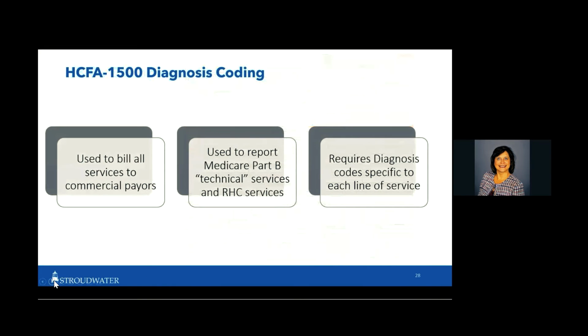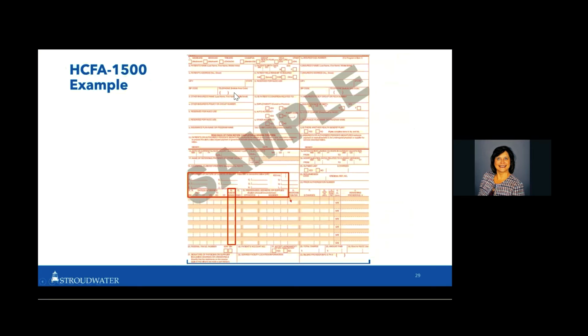But when looking at a 1500 form, you can see that the diagnosis codes are listed here, and you put them in order, A through L. And then when each of the individual services are listed out, you link that service provided to the specific diagnosis code that it's related to.